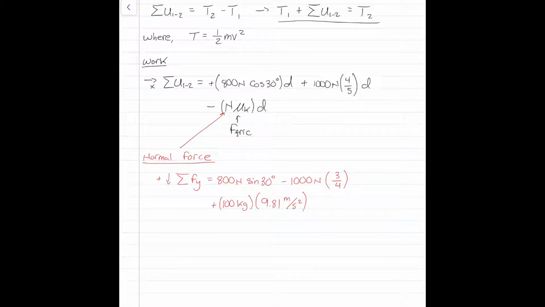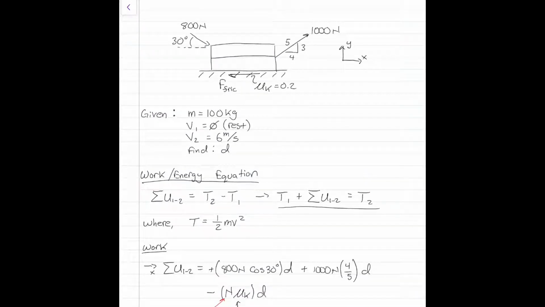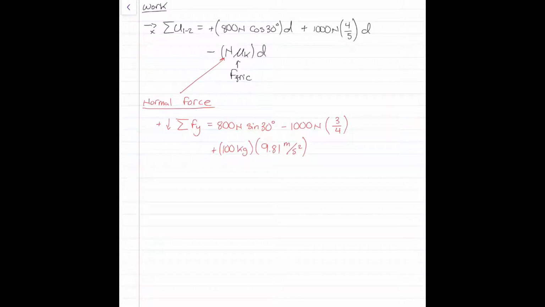The 1,000 Newton force acts upward, so that's a minus 1,000 Newton force times 3/5 of the 1,000 Newton force. And again, we also have the weight of the object, and that's mass times gravity. So we have 100 kilogram mass times gravity, which is 9.81 meters per second squared.